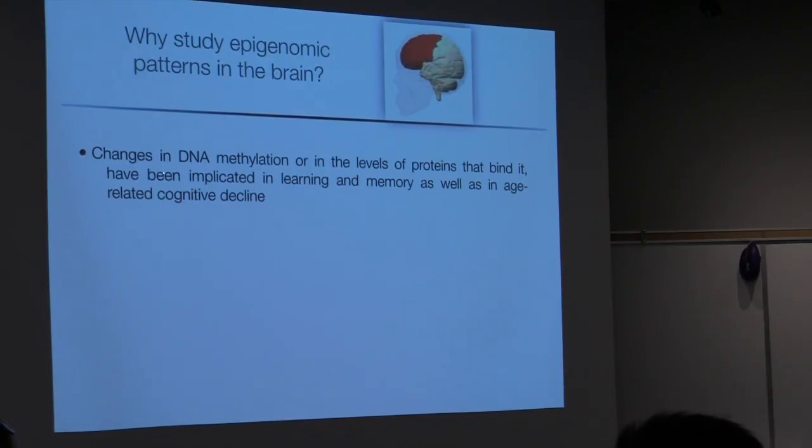There are many reports that changes in methylation, or in the enzymes that put methylation on or remove it, the TET family of enzymes, have been implicated in processes like learning and memory, and there are also correlative studies about the decline of cognition in some mutants you can make in mice.